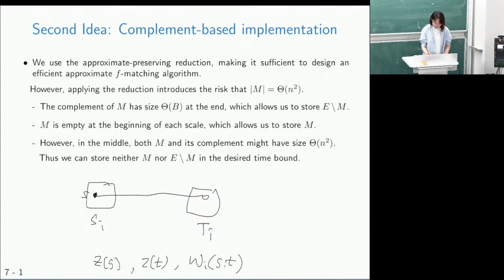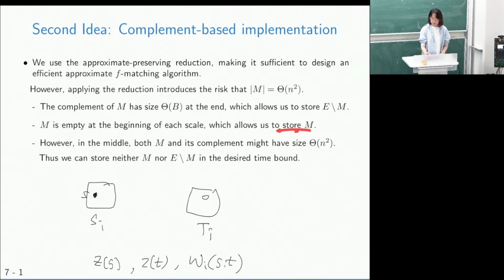However, as I mentioned earlier, the size of M can be quadratic. At the beginning of the algorithm, M is the empty set. So there is no edge in M between S_i and T_i.